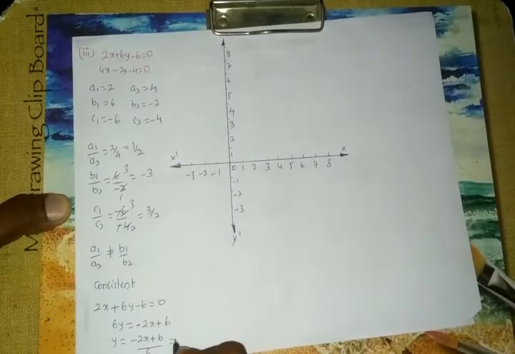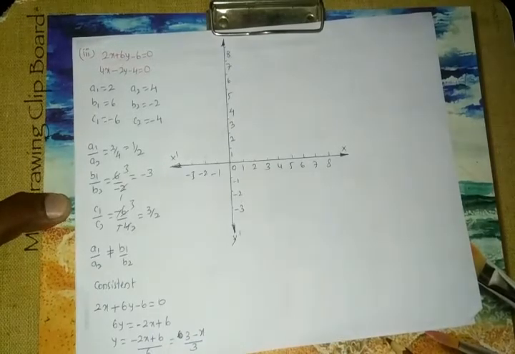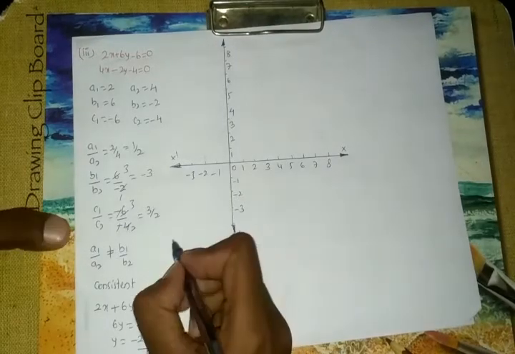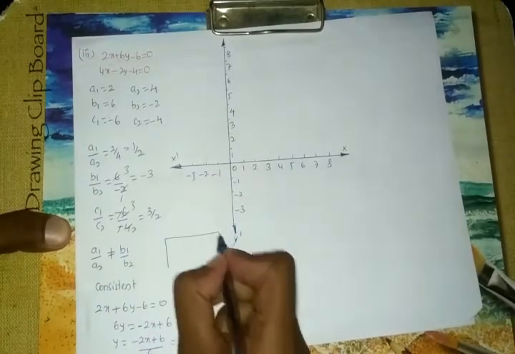If I take 2 common, it will be minus x plus 3 upon 3, that is (3 minus x) upon 3.